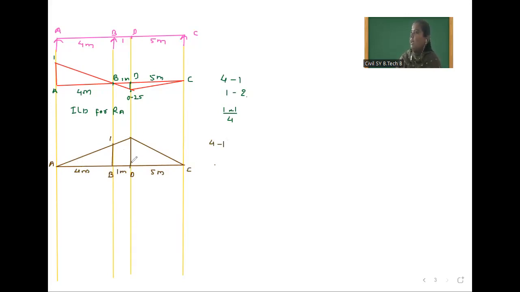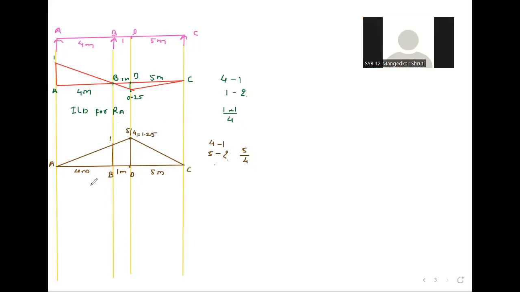So 4 plus 1. आता आपण कुठपर्यंत फाइंड आउट करतोय D पर्यंत म्हणजे 4 plus 1 येणार आहे. So for 5 question mark. So 5 divided by 4 value will be there here. 5 by 4. किती येते बघा? 1.25. So this is the ILD for RB.